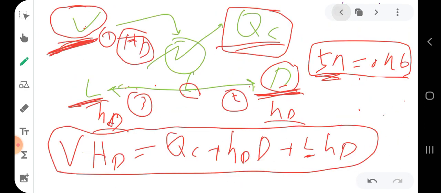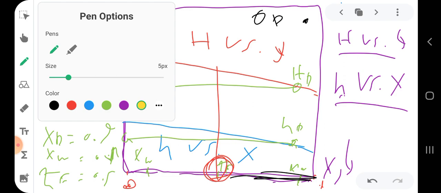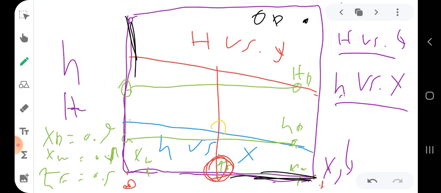Simply, remember I said that you need to determine the feed composition, ZF, so we can draw a vertical line and see the intersection with the H small line. This will be the H of the feed if we have saturated liquid. If we have saturated vapor, it will be the intersection with the H capital line. This will be my H feed.